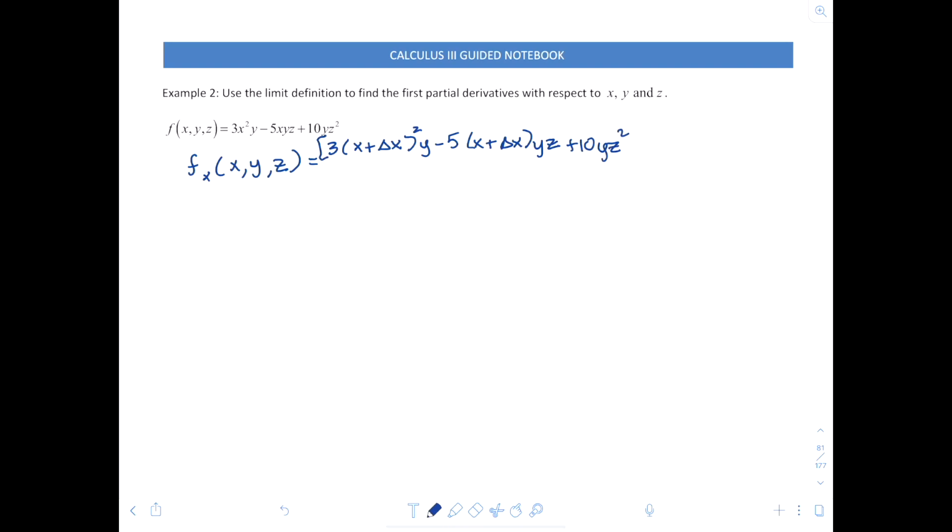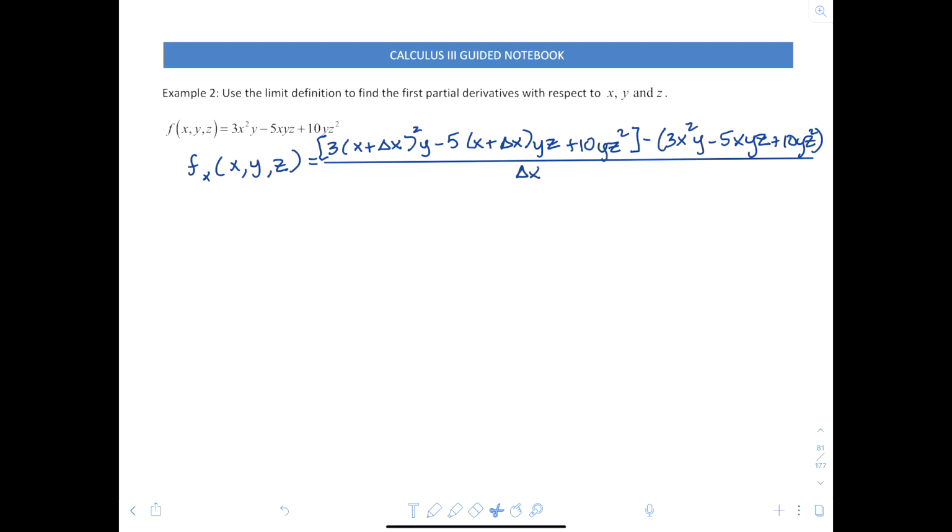So that is our f at x plus delta x, comma y, comma z, and then minus f of x, y, and z, which is 3x squared y minus 5xyz plus 10yz squared. And that will all be over delta x. And bad teacher, what did I forget to do?